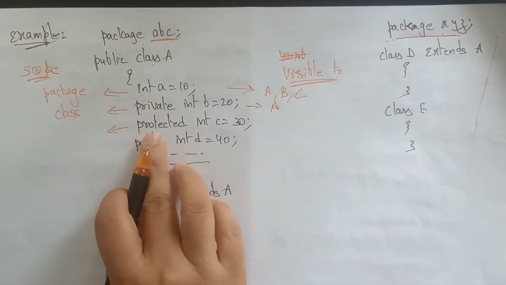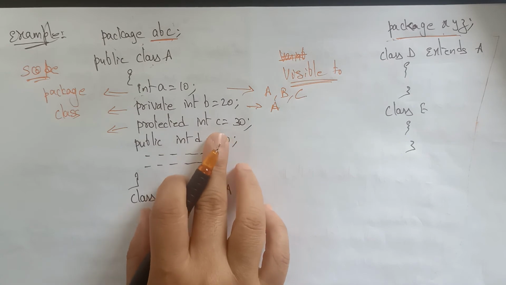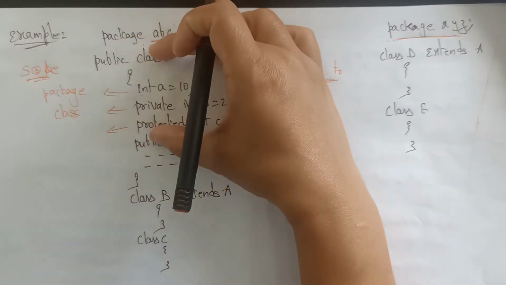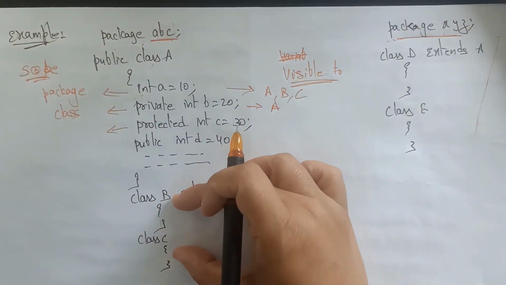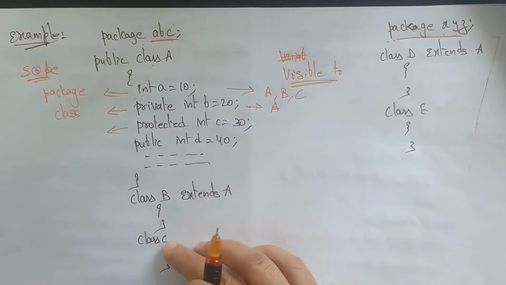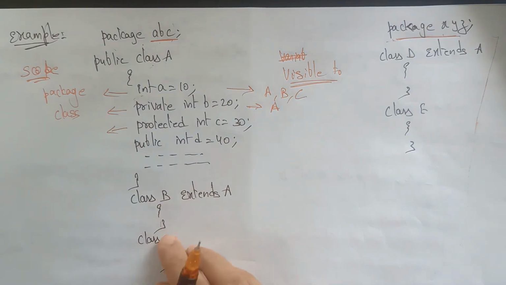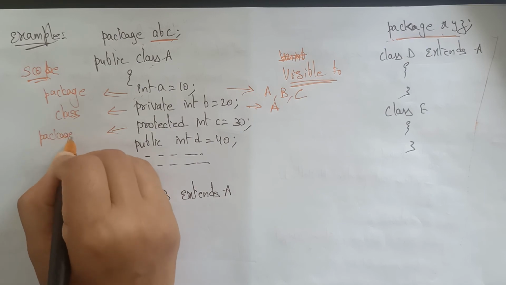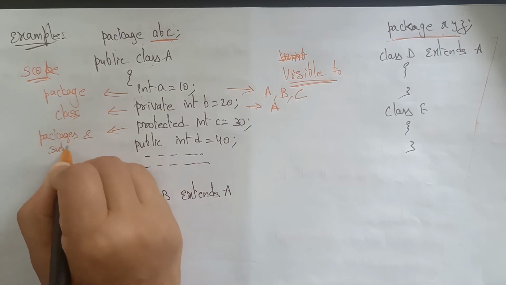Protected. If I initialize the variable with protected, it means this package and the subclasses. This is the package, class A. Package as well as the subclasses, B, C also. Scope is packages and subclasses.